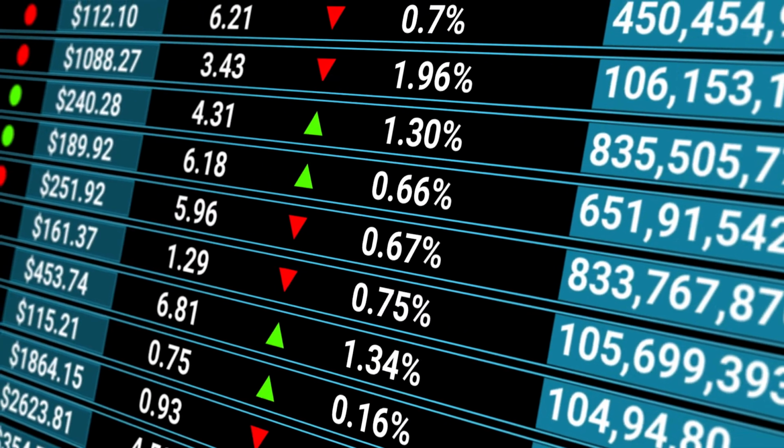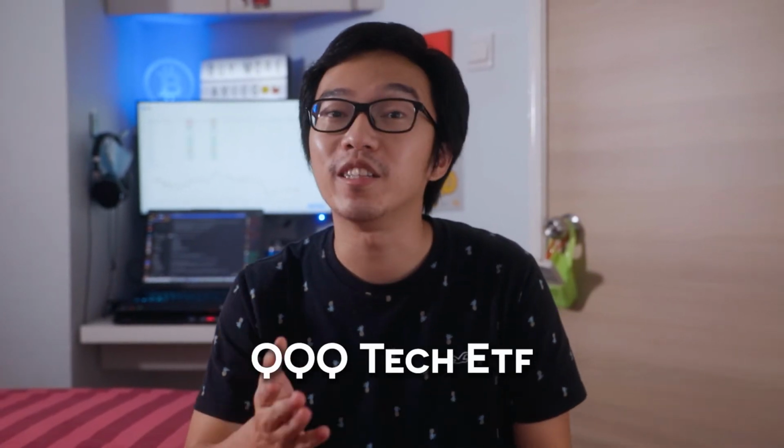For those of you that have no idea what an ETF is, ETFs are exchange traded funds. Exchange traded funds are a group or a basket of stocks that tracks an underlying index. There are many ETFs available out there that have potential to grow your portfolio at a much faster pace. And the beauty of an ETF is enabling you to own small amounts of many companies with the purchase of only one ETF. For example, if you're looking at tech stocks, QQQ can be an ETF to consider.